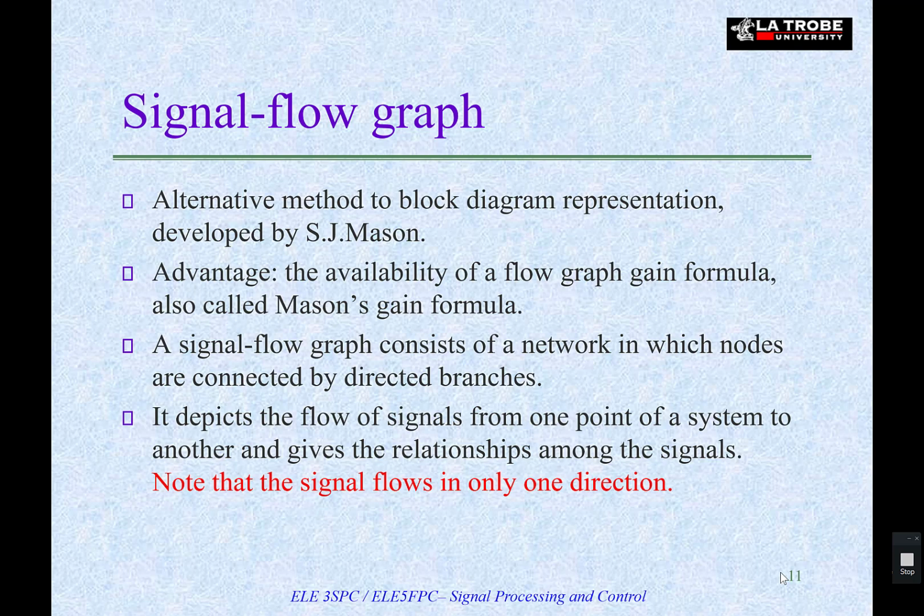A signal flow graph illustrates signal flows of the system from one point to another. It also gives relationships among these signals. We must remember that signal flows only in one direction in any signal flow graph.